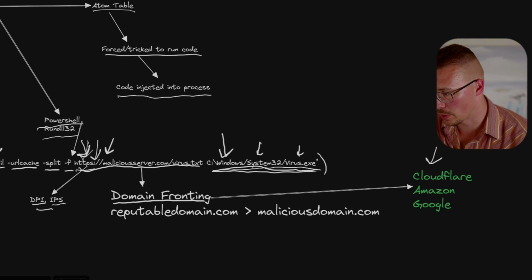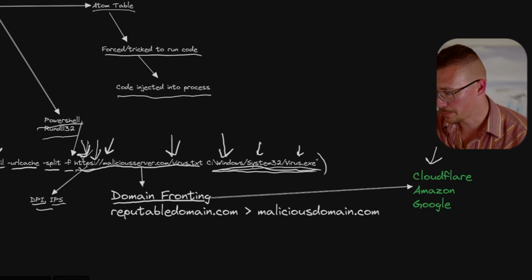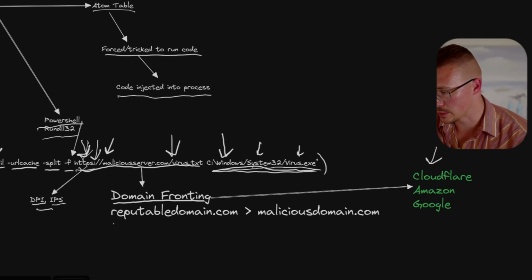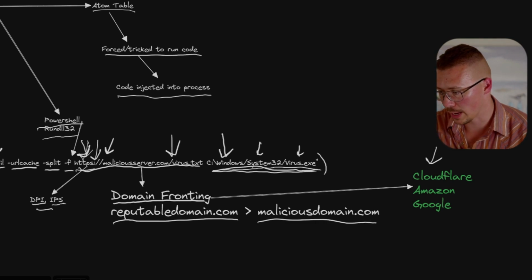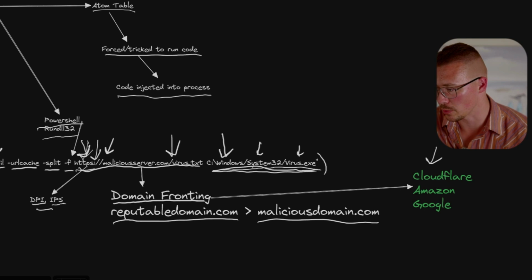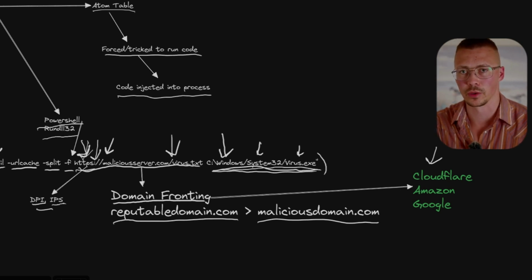And by the way, if you are going to use domain fronting in this PowerShell script, there would have to be more code to this. But what domain fronting is, and this is something that could potentially be used, is that it looks like you have traffic going to a reputable domain.